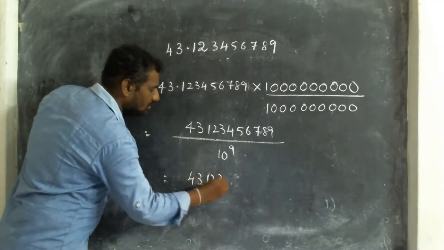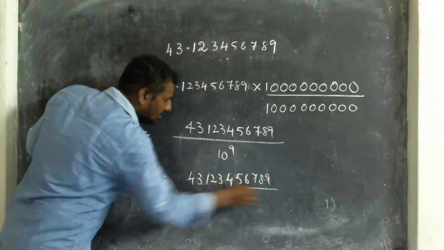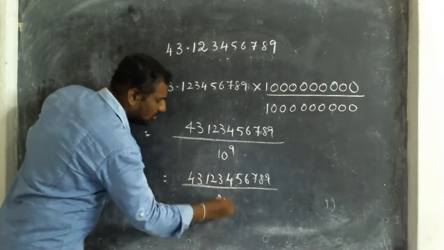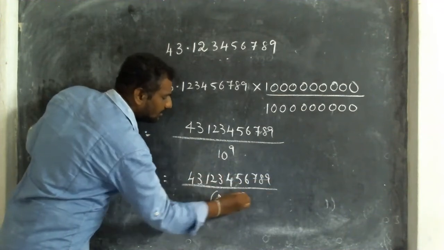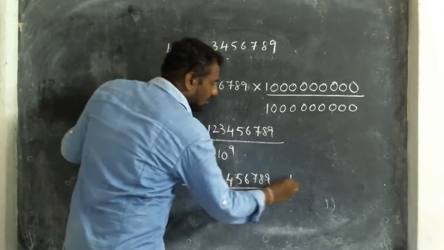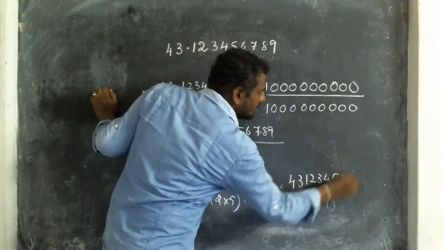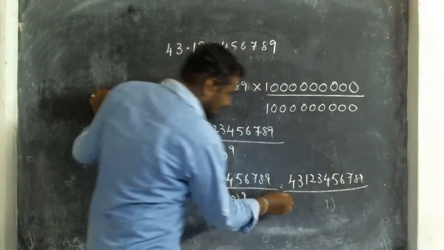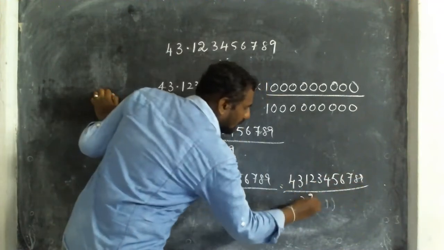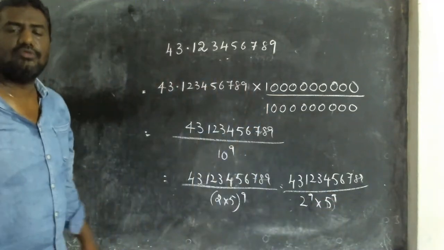43123456789 over 10 power 9. 10 we can write as 2 into 5, whole power 9. Again this I convert into 43123456789 over 2 power 9 into 5 power 9.